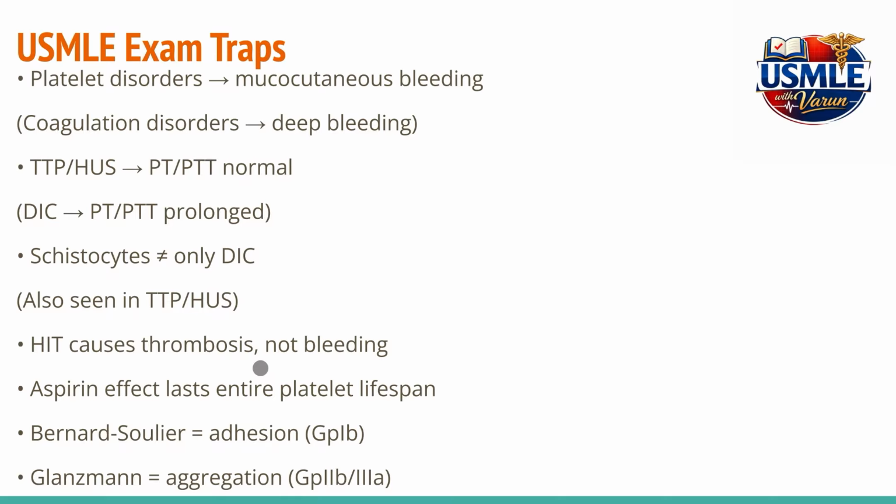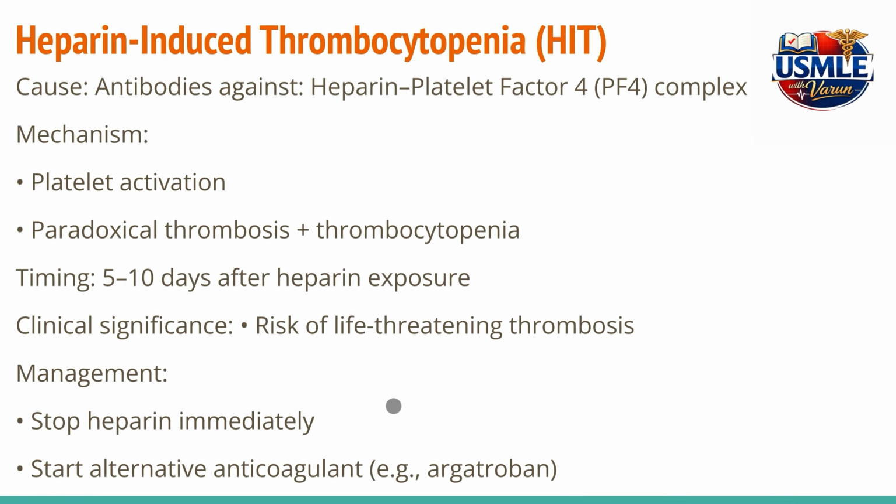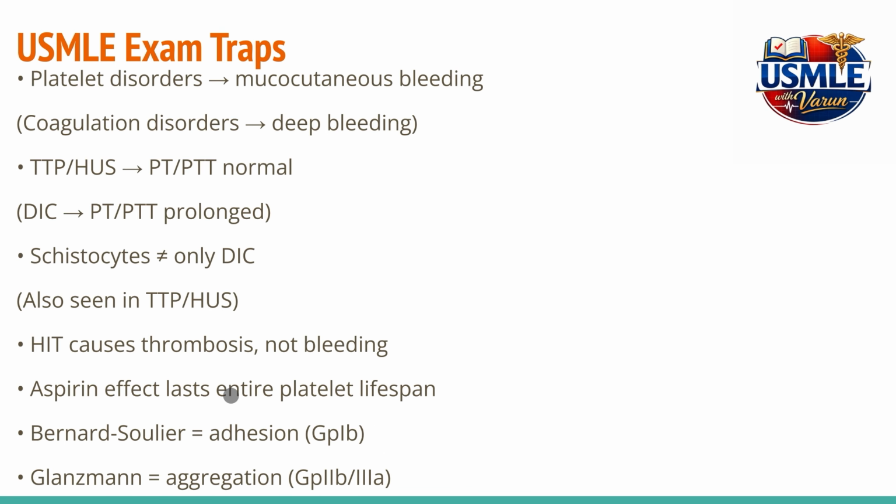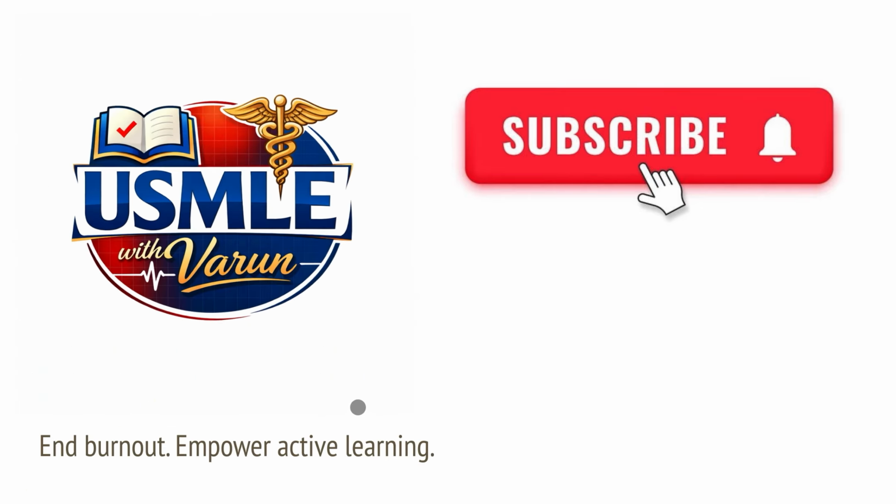Aspirin's effect lasts for the entire lifespan of the platelet, about 7 to 10 days. And finally, also remember that Bernard-Soulier syndrome is associated with a defect in the adhesion of platelets, and the receptor mainly involved is GP1B, whereas Glanzmann thrombasthenia is concerned with an aggregation defect, and the defective receptor is the GP2B3A receptor.